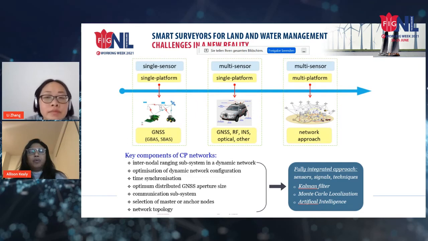We want to improve the availability, we want to improve the continuity, and we want to improve the integrity. So we're casting a broad horizon scan across what technologies are available, what signals of opportunity are emerging, and what are the best ways for us to incorporate these.